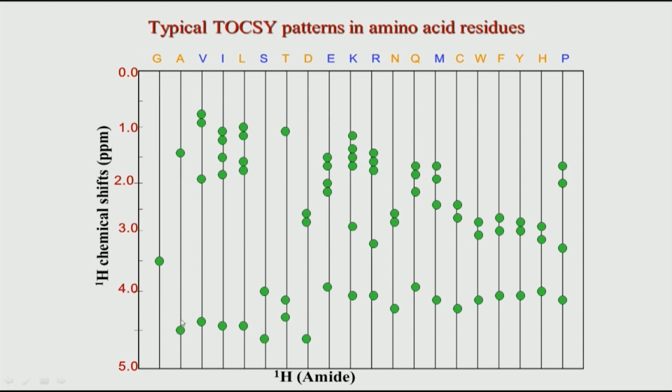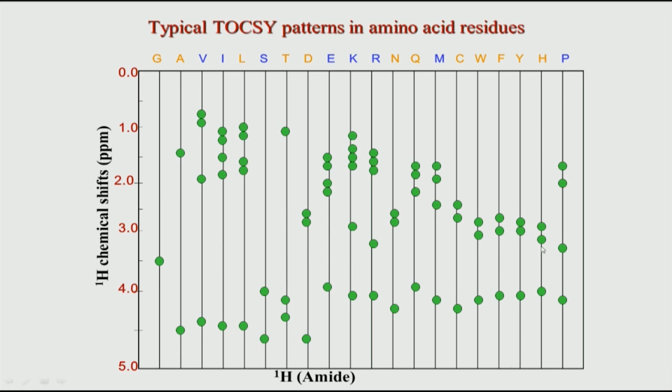There is an alpha proton which is around 4 to 4.5, or sometimes it can come at 3.5, and there is a beta proton which is much further up and comes around 1.2 to 1.5. Then comes valine. Valine, as we just saw, has alpha, beta, gamma 1 and gamma 2, and that has a pattern like this. So, like this, for every amino acid there is a distinct pattern, and it is very easy based on those patterns to recognize what those amino acids are.